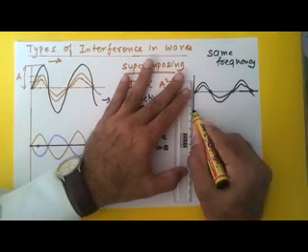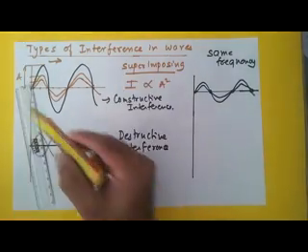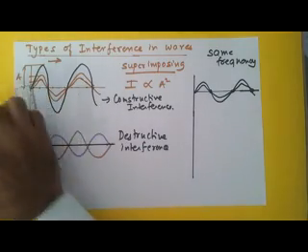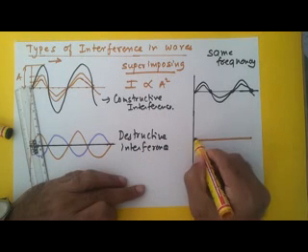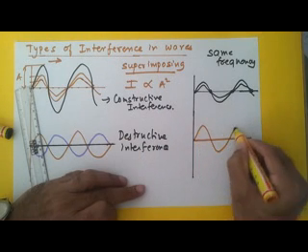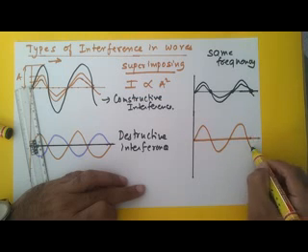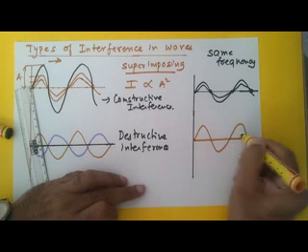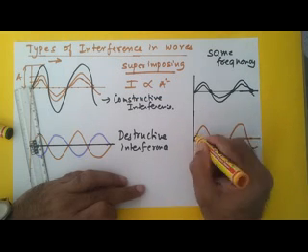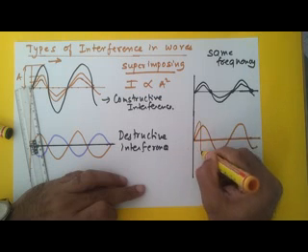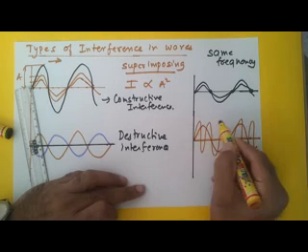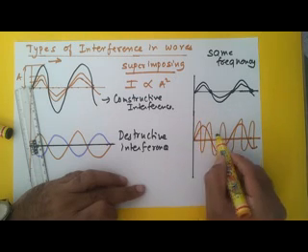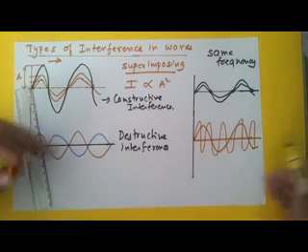If the two waves did not have the same frequency, we would have a situation like this. For example, the first wave would be like this, and the second wave would not be spaced apart this way. It might be like this. You can see the second wave is very close to each other, whereas the first wave was widely spaced apart.